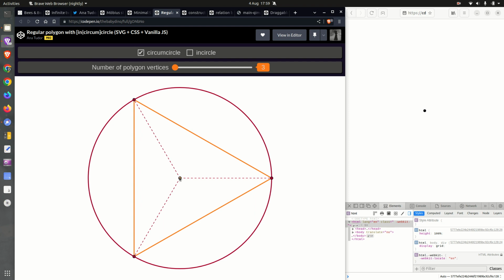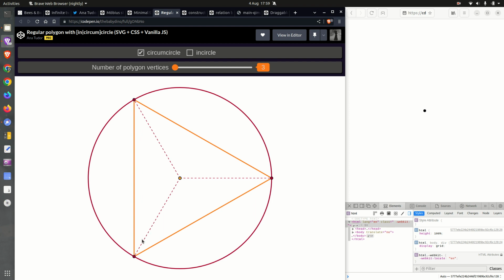However, every element in CSS has its own coordinate system. And when we rotate the element, we also rotate its inner coordinate system. So to start with, we have that the x-axis points towards 3 o'clock, okay? But once we've rotated the element here by 120 degrees, its x-axis points that way.